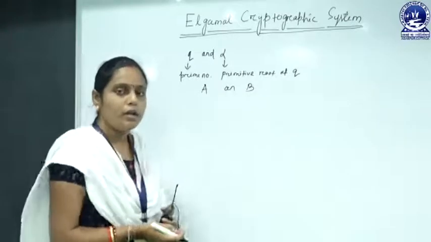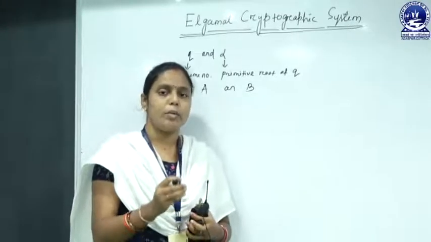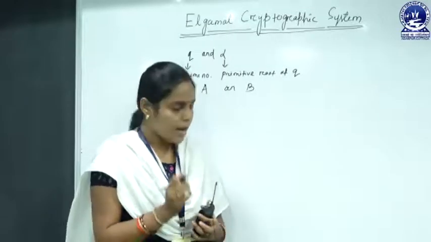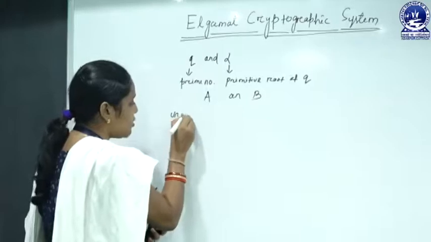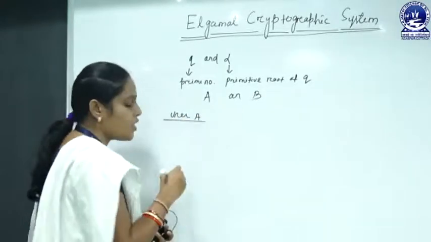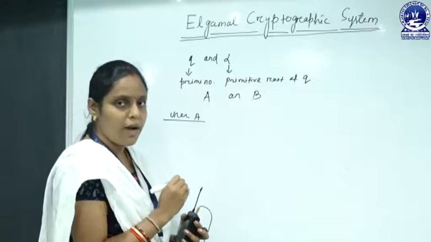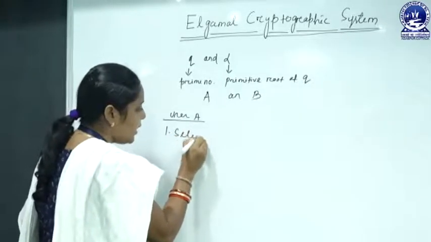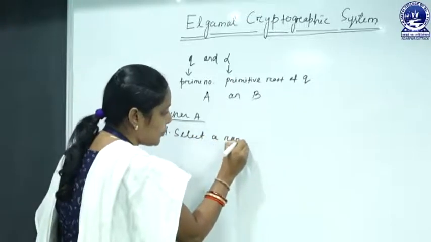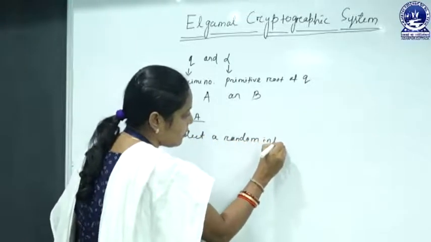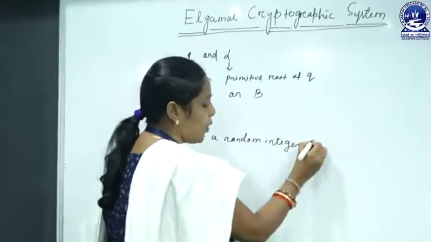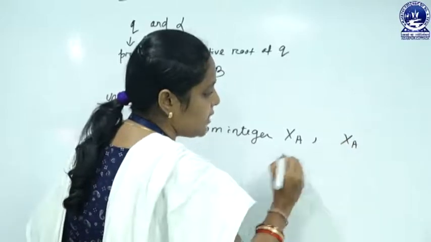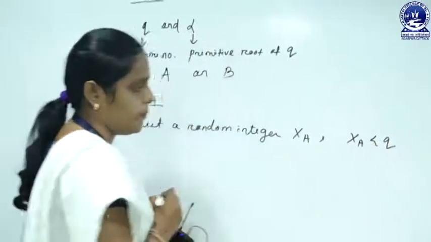First of all, user A generates its public key and private key by using these global elements. In the first step, user A selects a random integer, suppose that is xa, where xa is less than q.